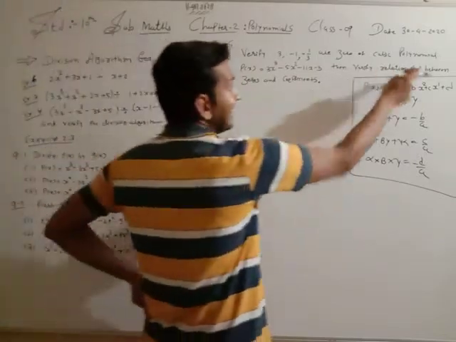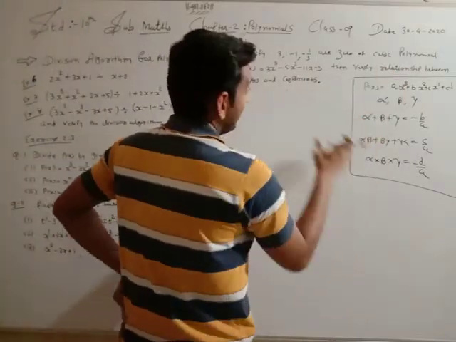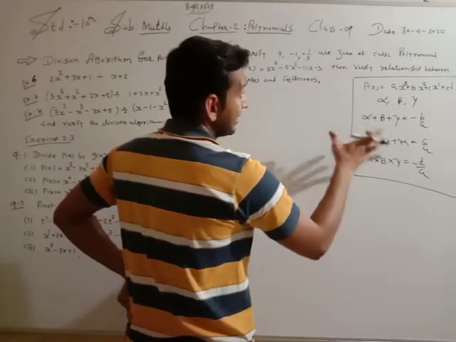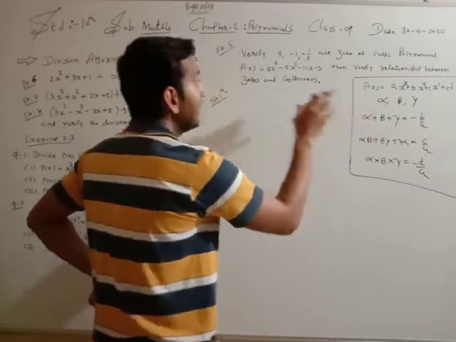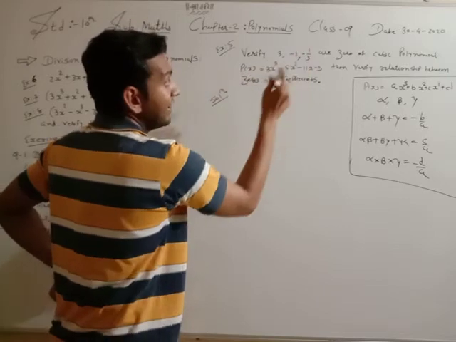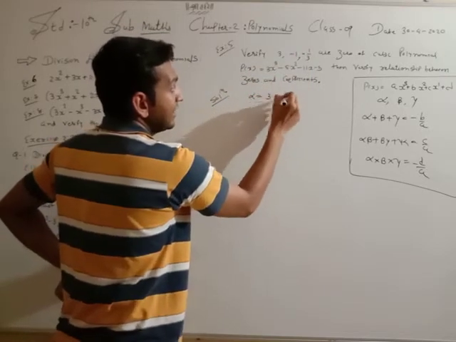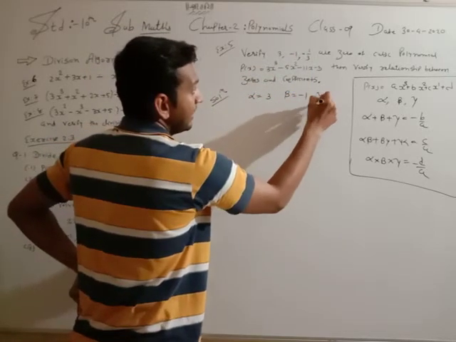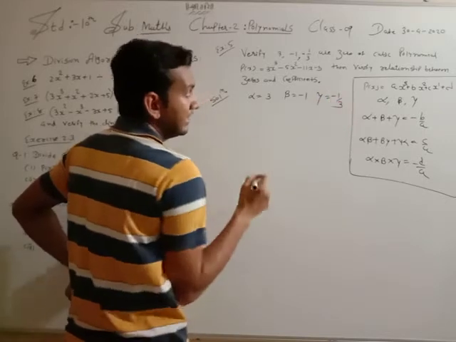Okay, let's check. So verify the relationship. We will check whether the relationship is the same or different. First, the zeros are given, so my alpha is 3, my beta is minus 1, my gamma is minus 1 by 3.